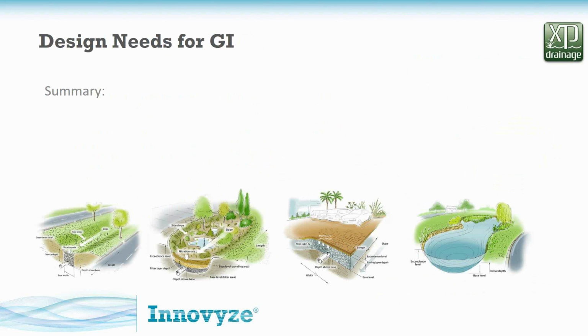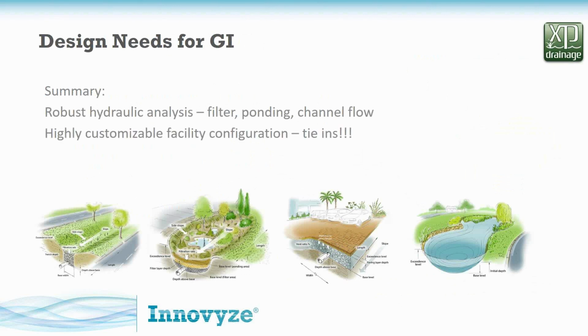So in summary, all these systems really need the following. I've mentioned it a number of times, but a robust hydraulic analysis on that as-built level, showing truly where the filter will be, the ponding zone, bypass channels. Since these facilities can be so customized, it might go without saying, but you need to be able to assess them differently on every single project, because they will be different on every project.